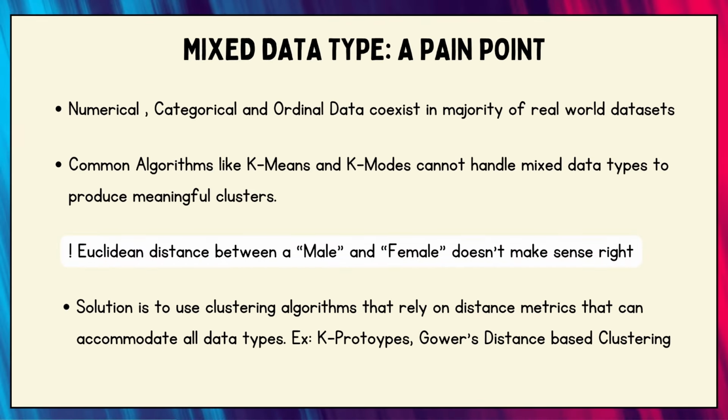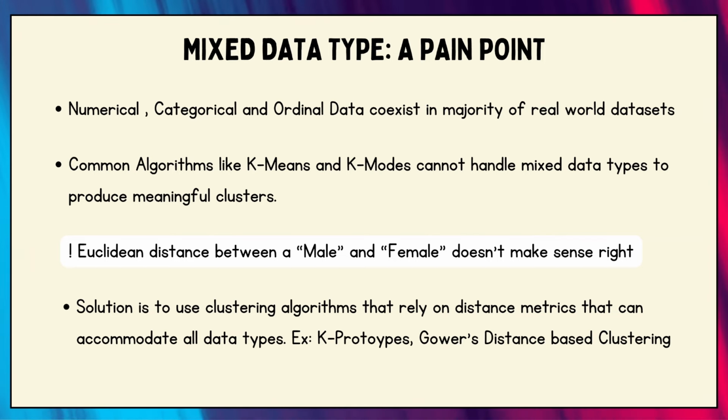So mixed data type is a pain point, as in, which is the most popular clustering algorithm that you know about? It's k-means clustering, right? Or k-modes clustering. So one thing is obvious, that real-world data sets will almost never contain only numerical columns, or only categorical columns, or only ordinal columns, right? They are obviously gonna be a combination of all these three.